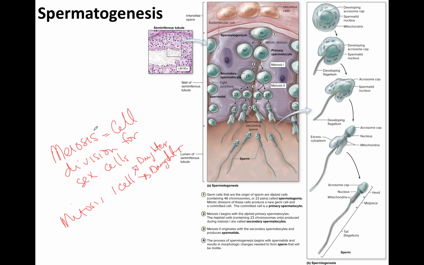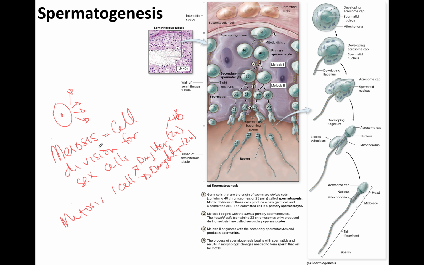In meiosis, this one cell will divide and create 4 daughter cells. Each of these daughter cells for mitosis will have the same number of chromosomes, so 2N chromosomes, or for a human roughly 46 chromosomes.